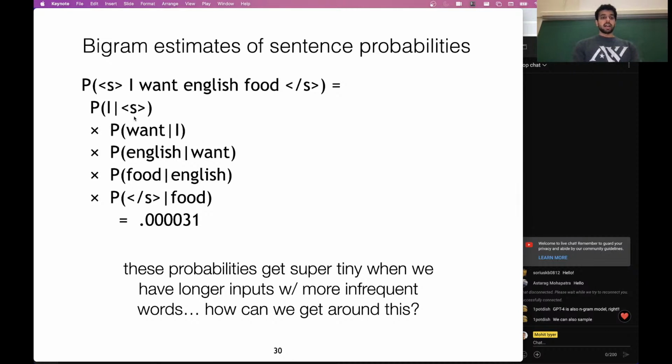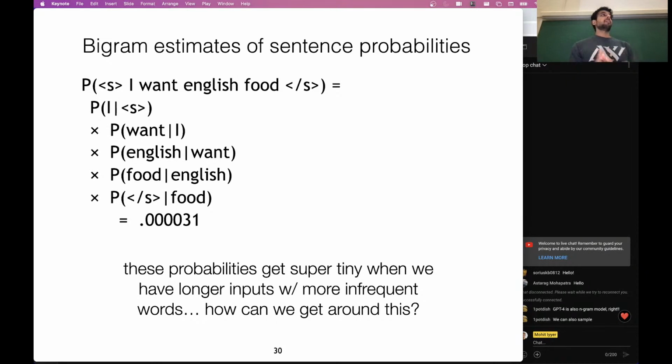So probability of I given the start of sequence symbol, want given I, English given want, food given English, and so on. And we get a probability of 0.000031. This is a pretty short phrase, right? It's just like 6 tokens long, 1, 2, 3, 4, 5, 6. But the probability is already very low under this bigram model.